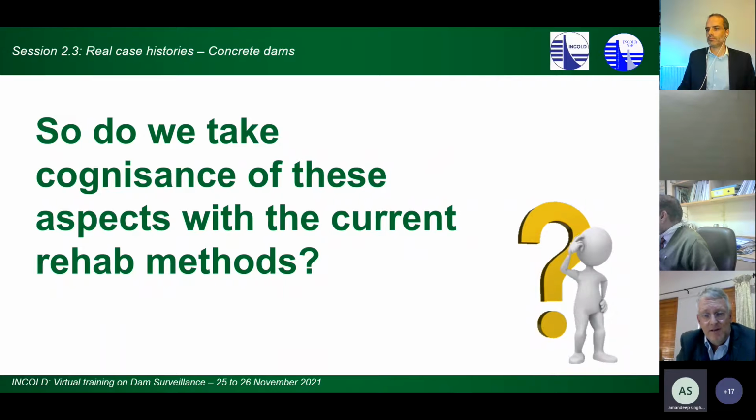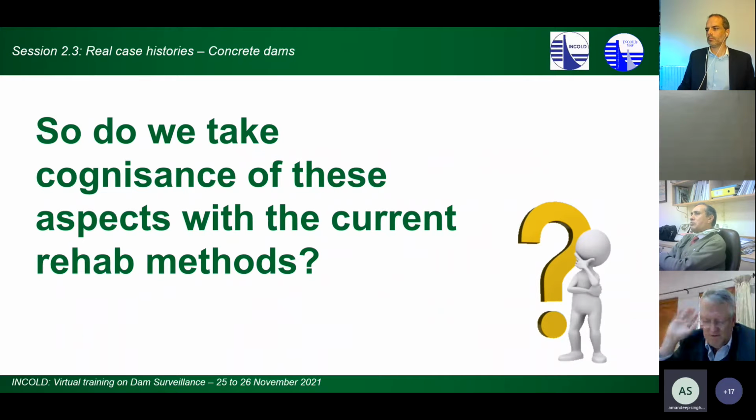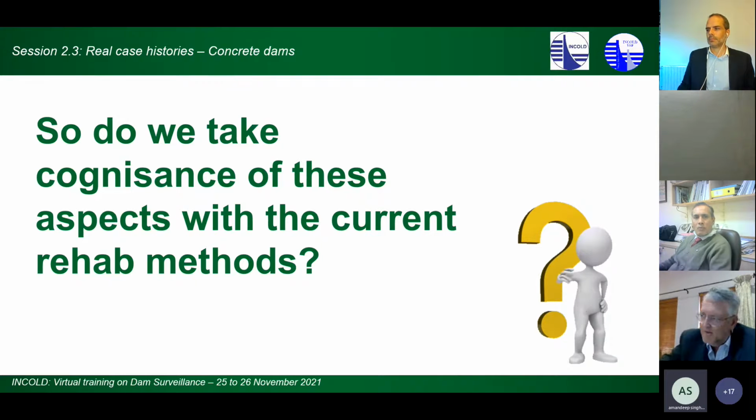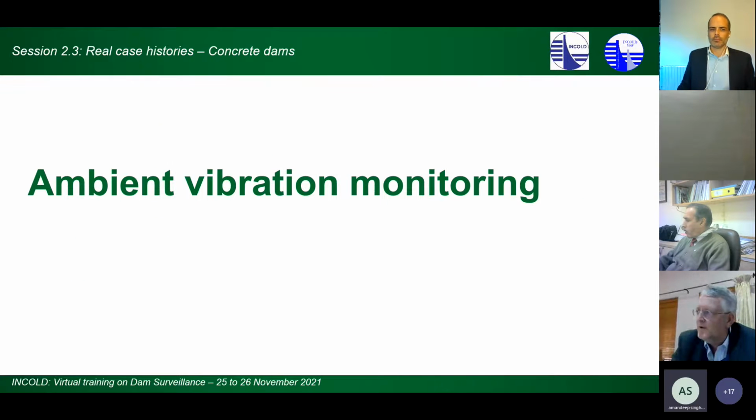So if you now suddenly cut a slot into your dam that is under swelling pressure, just think what will happen, okay? And that's what you really see. In many cases, over the long term, you actually get issues with these current rehab methods, okay?